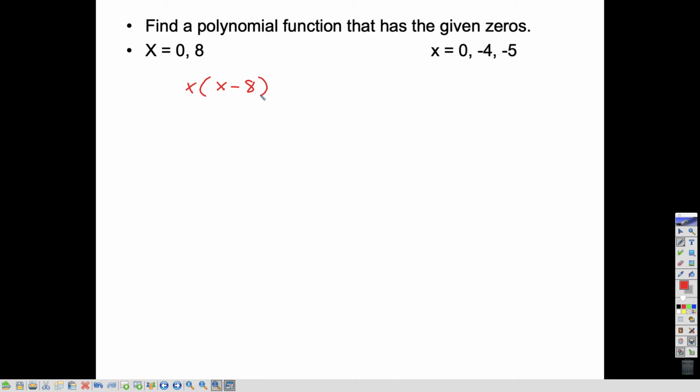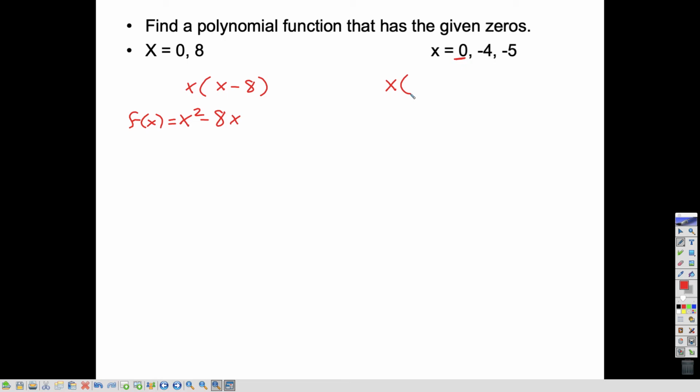How do I get my polynomial? I multiply. So it'd be distribute: x squared minus 8x. Okay, that was easy, but the next one is going to be just as easy. I feel like in the book when I do them alone, they will be harder. X outside parentheses, X from the 0, yes?